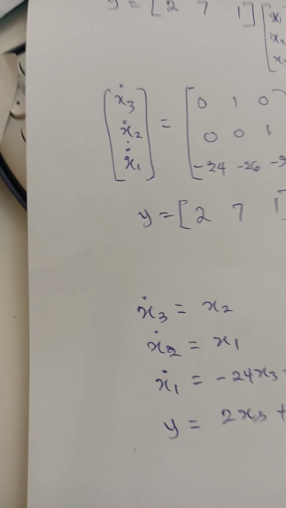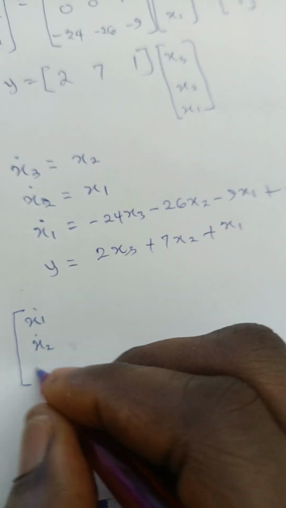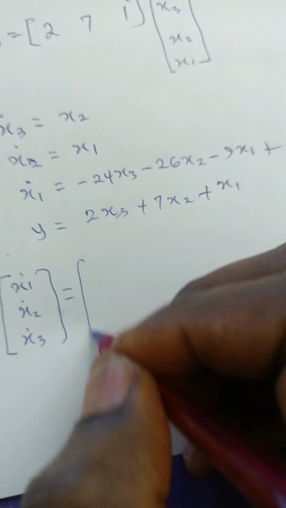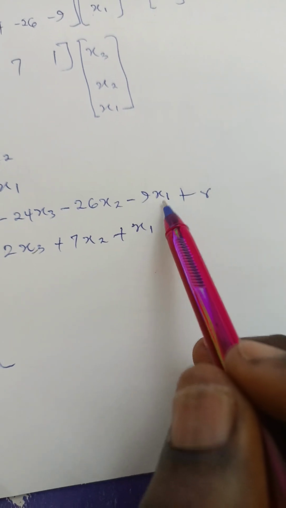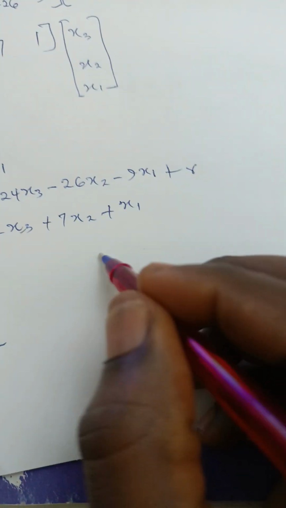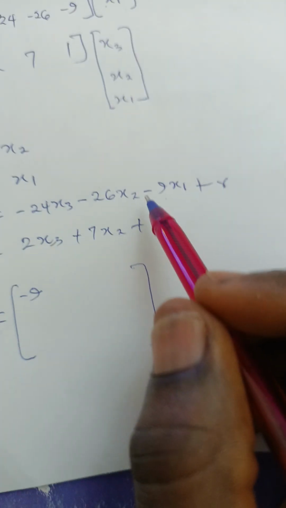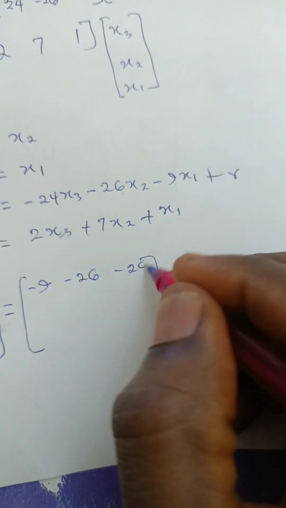So we'll now rewrite our equation in terms of x1, x2, x3. What's our x1? You can see where our x1 is. We write x1 as minus 9, then x2 minus 26, then x3 minus 24.